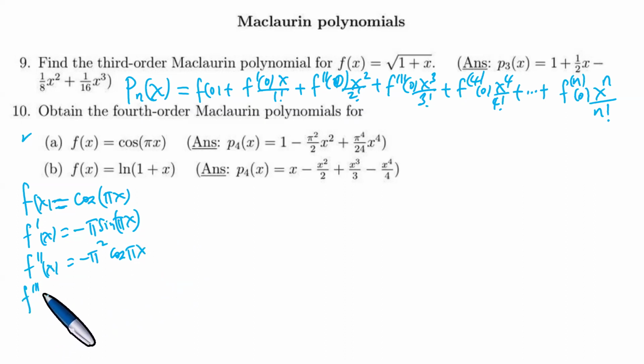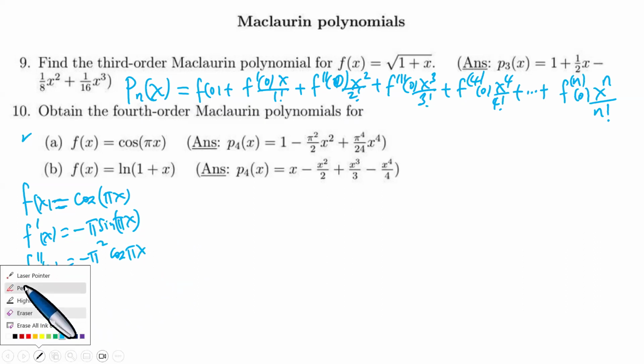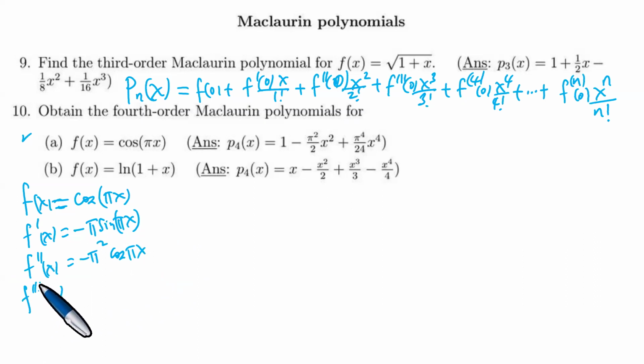Third derivative: the derivative of the cosine becomes negative sine, so it's going to become pi cubed with the sine of pi x.